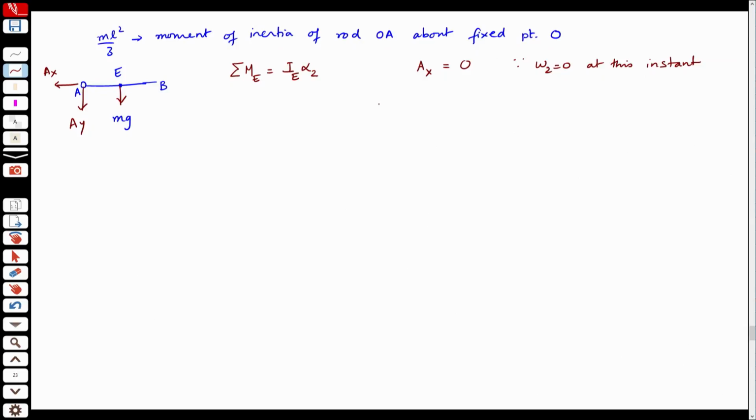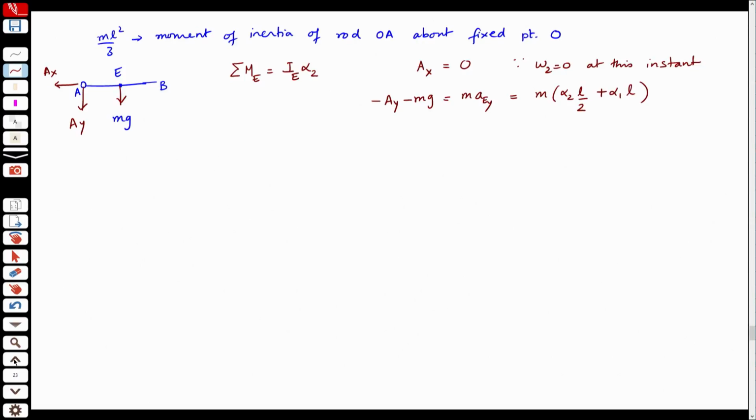Then I can write minus Ay minus mg, yeah, minus mg equal to m a_E along the y direction, which is again the acceleration of E, m into alpha 2 L by 2 plus alpha 1 L.